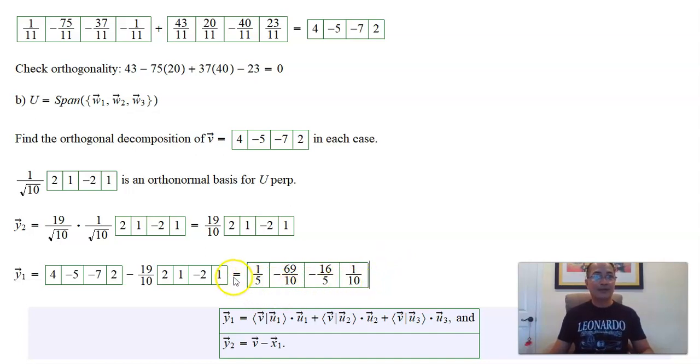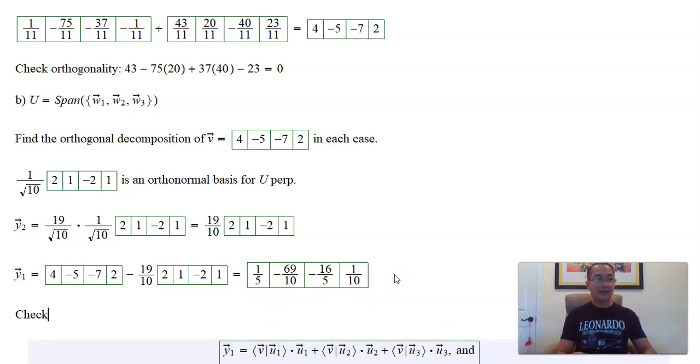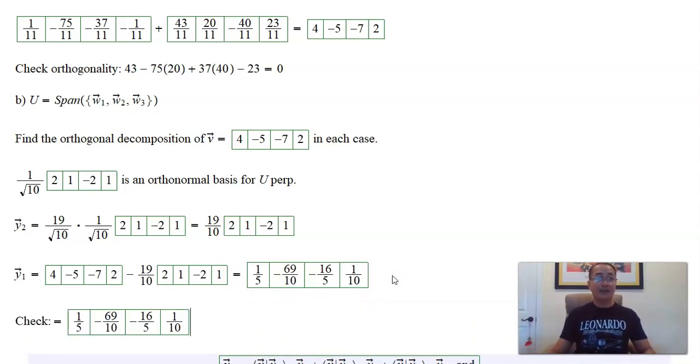Some of them are 10s, some of them are 5s. So when we check, those denominators will give us a problem. So that should be a 2 over 10, and that should be a minus 32 over 10. I'm glad this happened. It can happen to you.